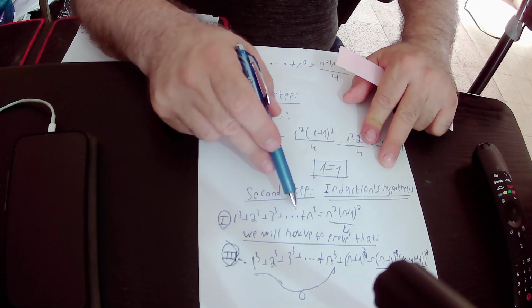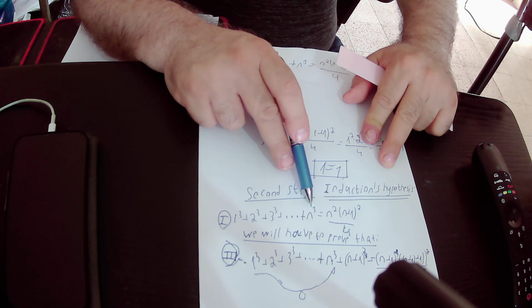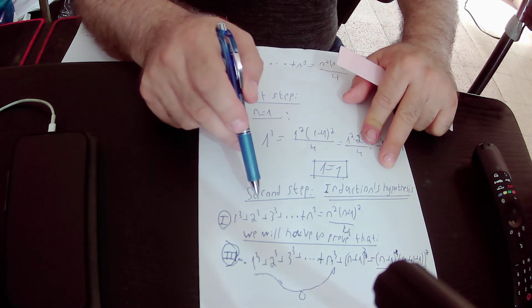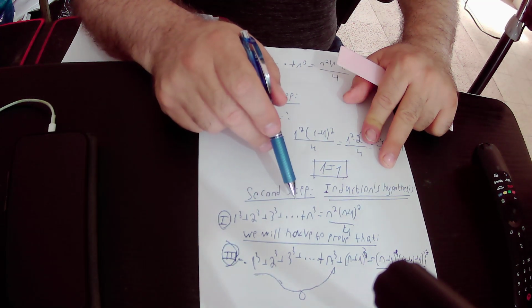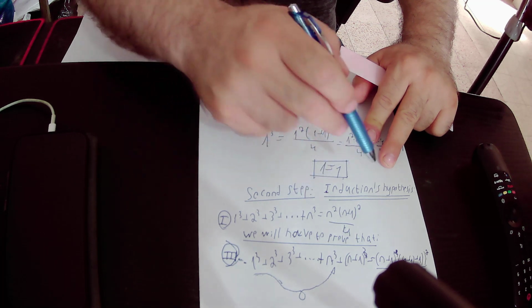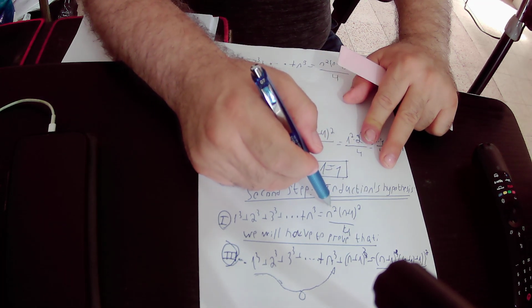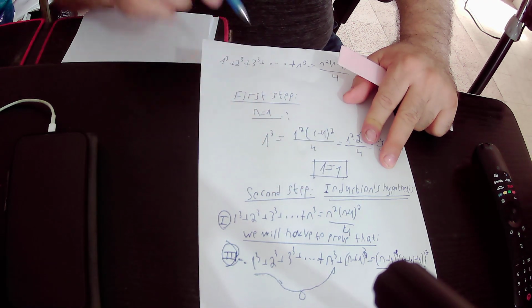It is the same, and we assume that 1 to the power of 3 plus 2 to the power of 3 plus 3 to the power of 3 plus n to the power of 3 equals n squared times n plus 1 squared, all divided by 4.